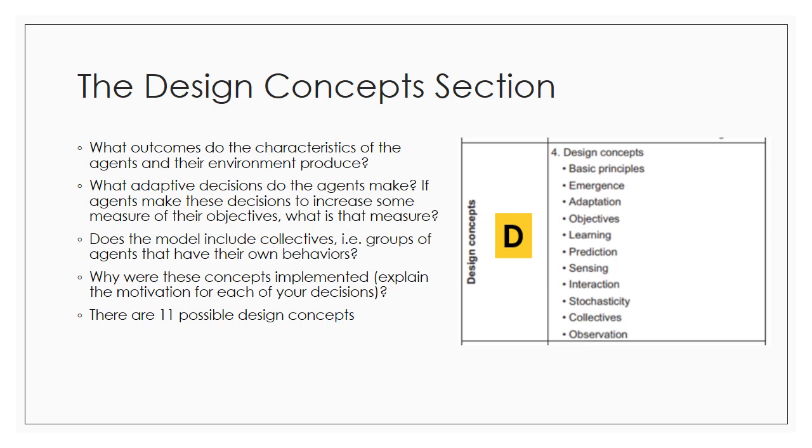Like, for example, drivers of sports cars, drivers of electric cars, drivers of motorcycles, that kind of thing. You're also going to need to explain why you have implemented these concepts. So the motivation for each of your decisions is really important to state in this section.